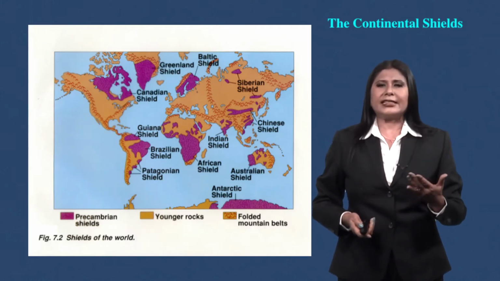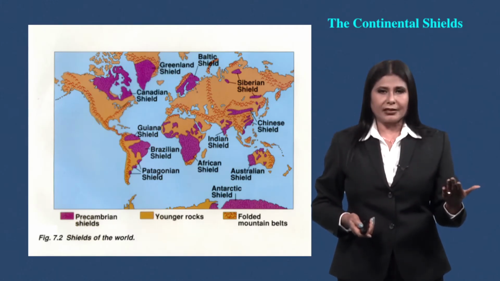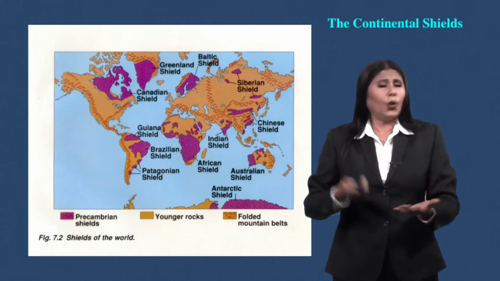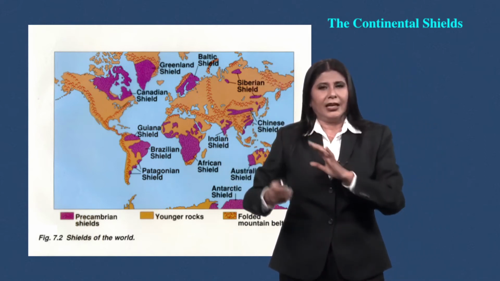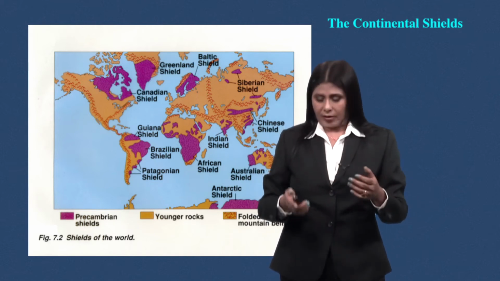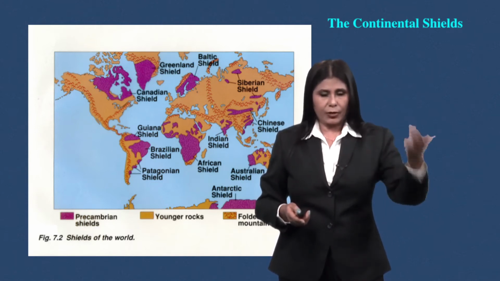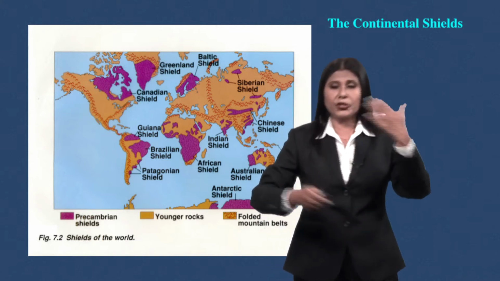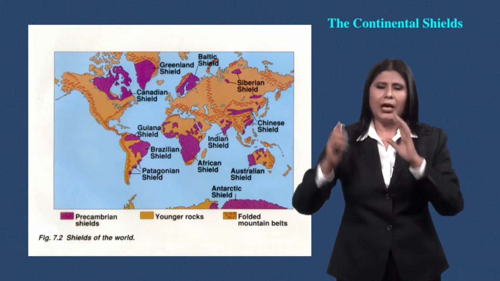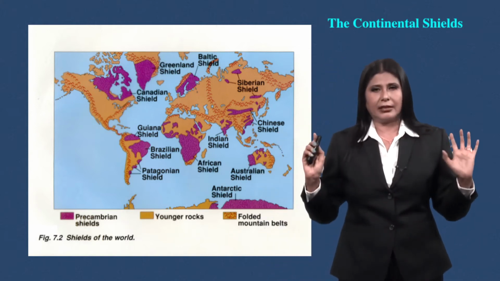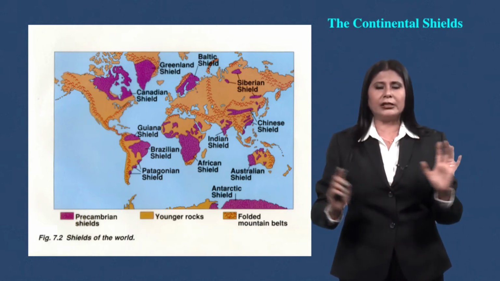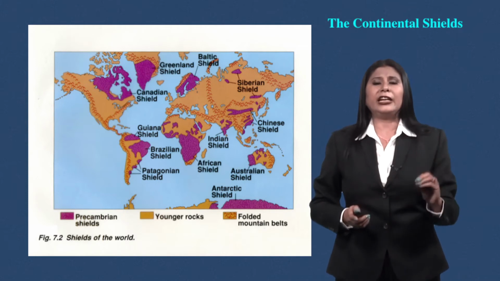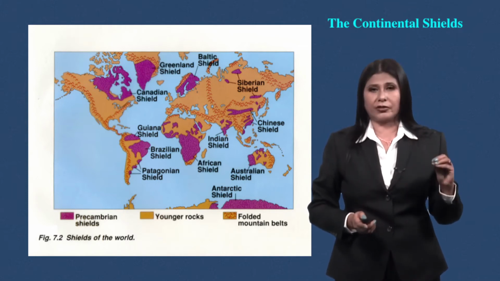Continental shields are the examples of that. We have old continental shields, meaning very old ones. Some of the continents are modified with later erosion and deposition processes, but there are some shields like the Indian shield, Guyana shield, Greenland shield, which represent very old crust.